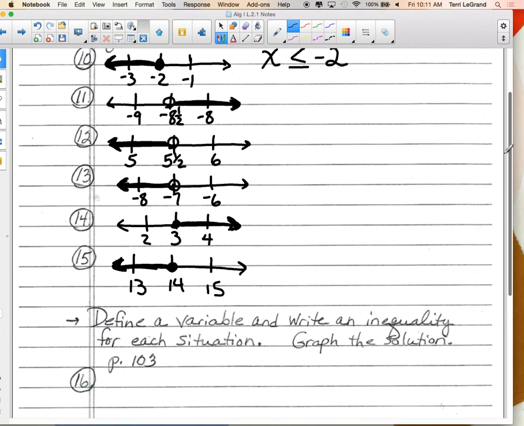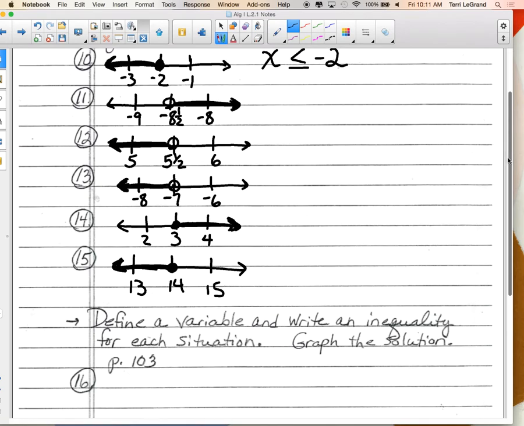And then once you have all of your number lines shown, give the solution in its algebraic form. It's the algebraic statement you can make representing that.